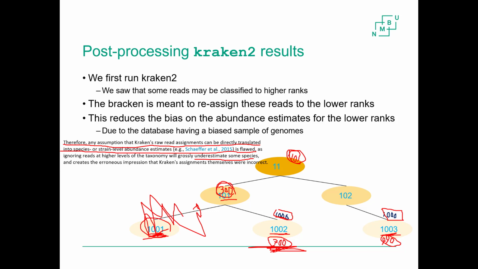And we can add tens of thousands of genomes under one species, right? But in other branches, we have perhaps only one genome for the whole species. So this will create biases. And that's what Bracken is trying to help us with now, to get more reliable abundance estimates for the lower ranks.